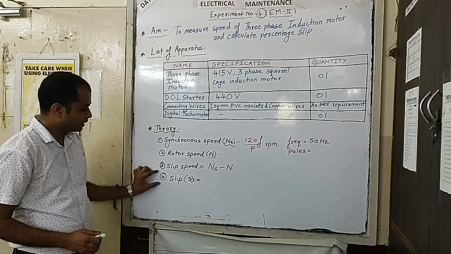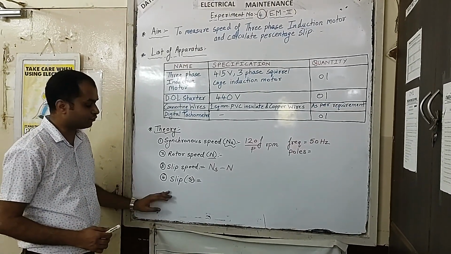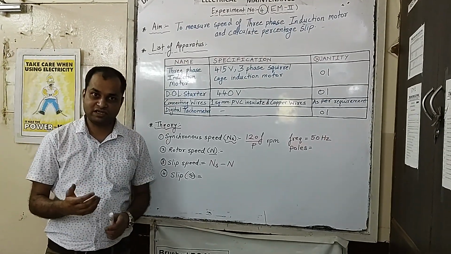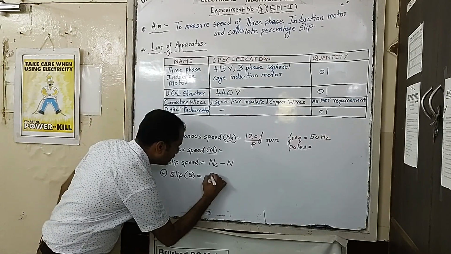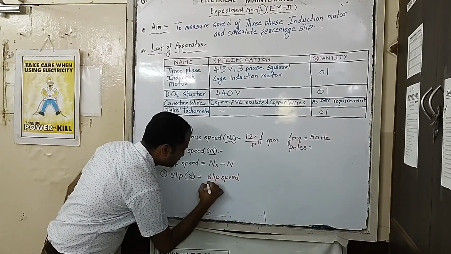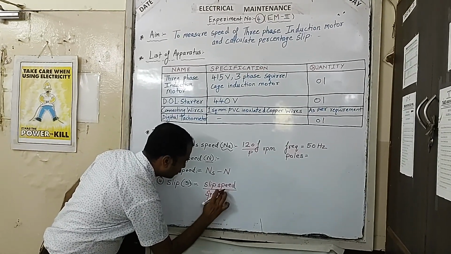And next, that is our main calculation in this experiment, the calculation of slip. Slip for a three-phase induction motor is defined as the ratio of slip speed to the synchronous speed.